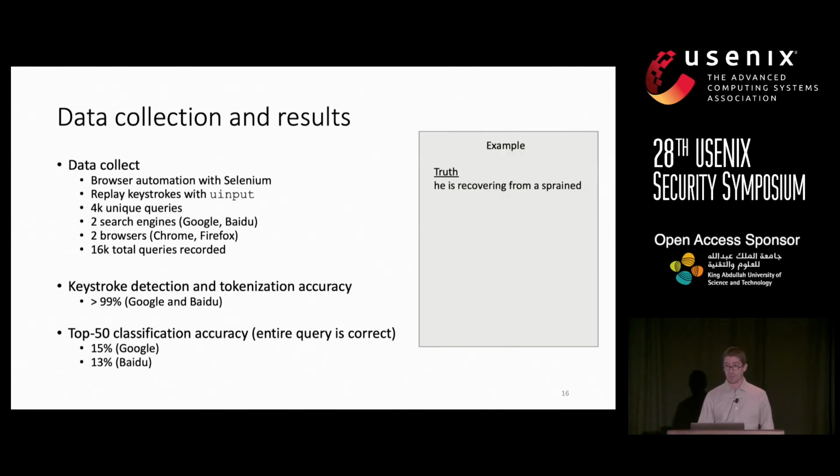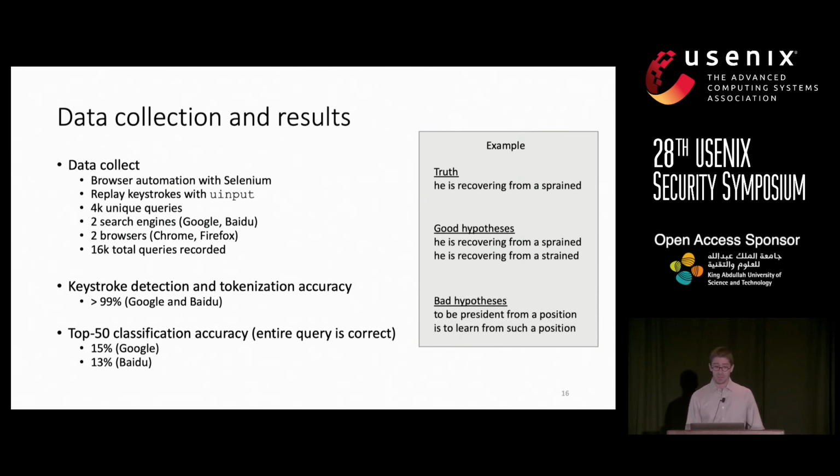And to give you an idea, using a qualitative example, looking at a query where the user is typing for he's recovering from a sprain, in cases where it gets it right, the predicted queries are either exactly the same or very close to what the true query was.